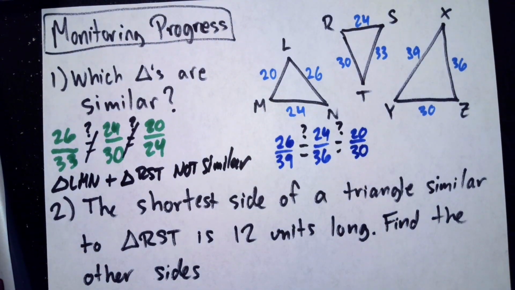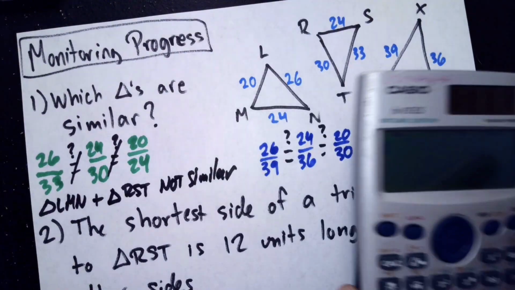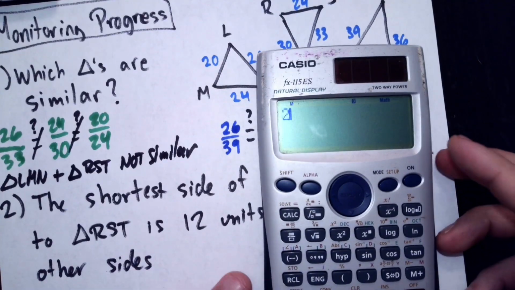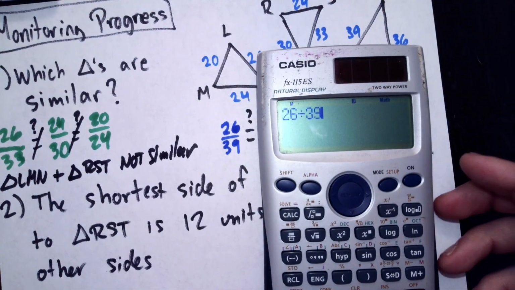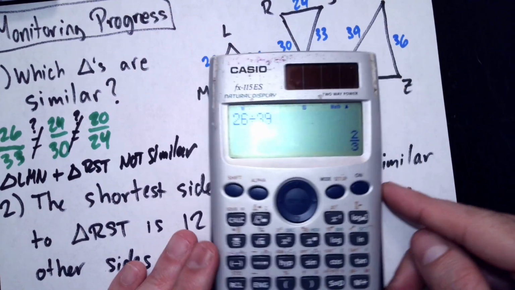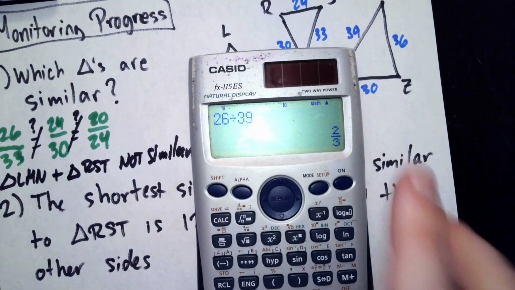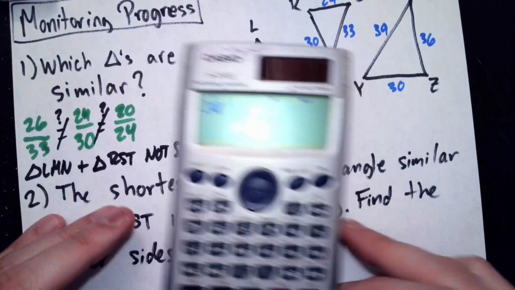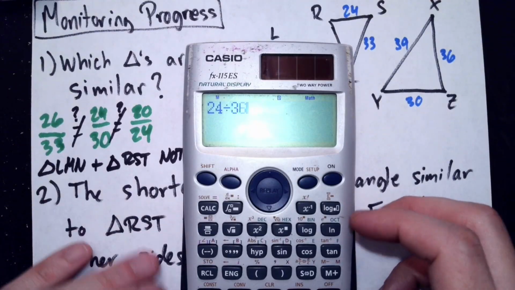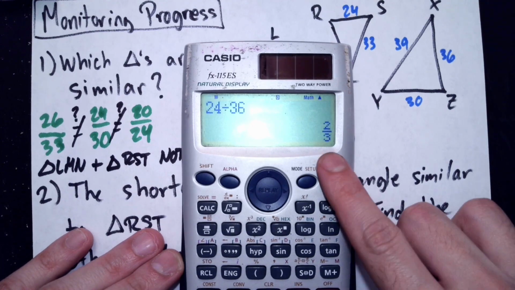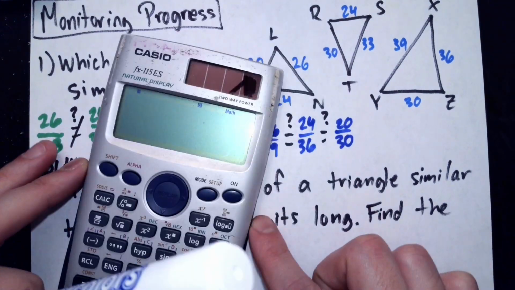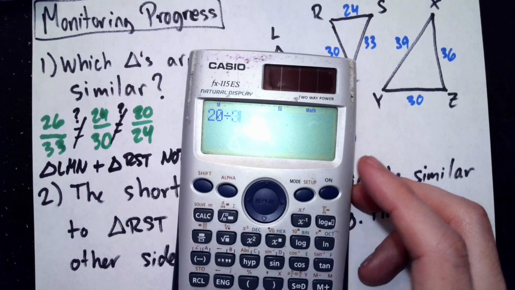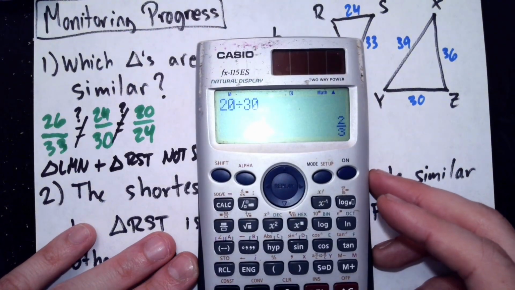Once again, I'm going to type this into my calculator and see what that gives me. 26 divided by 39 is 2/3. 24 divided by 36 is 2/3. And 20 divided by 30 is 2/3.